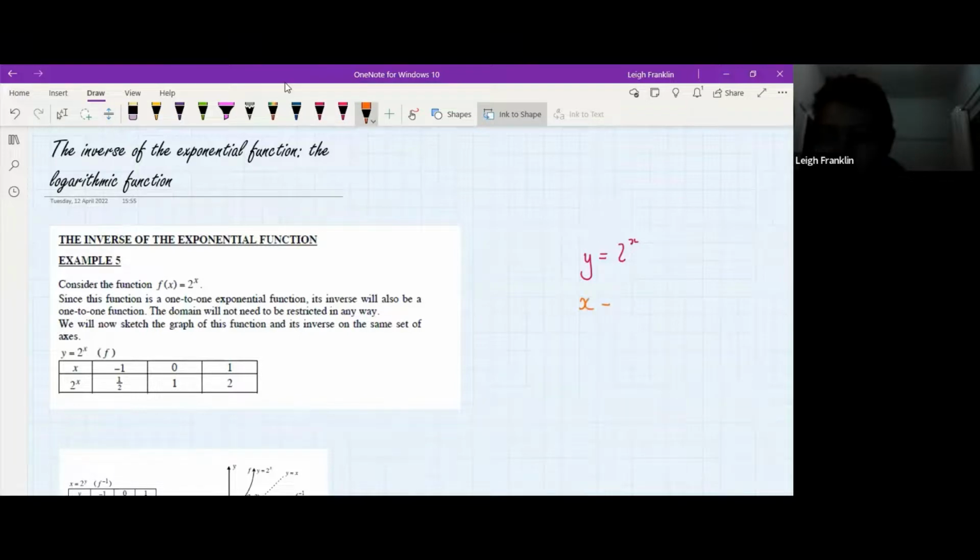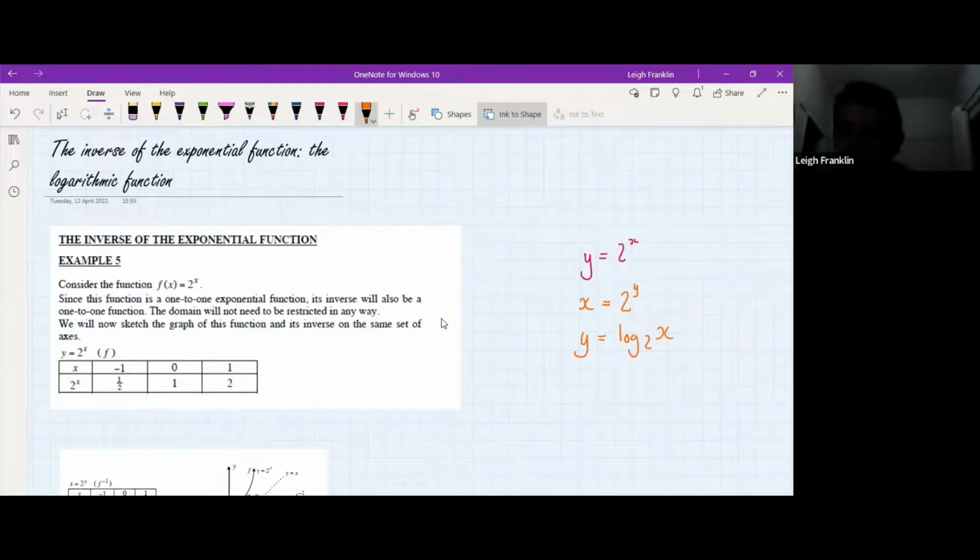We've got x equals 2 to the power of y. Because we want to make y the subject of the formula, we have to use logs. So we would write y equals log, our base is 2, and our number is x. Does that make sense to everybody?